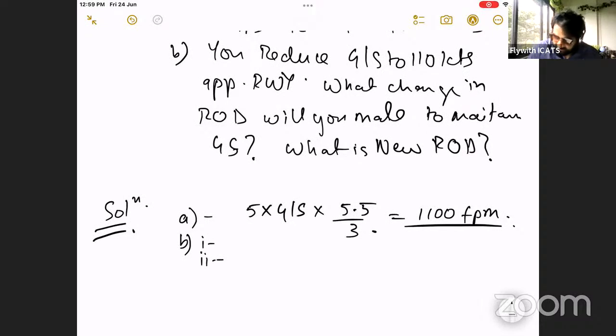Now my change in ROD is pi into change in ground speed. Change in ground speed is 10 knots into 5.5 upon 3. Pi into 10 into 5.5 divided by 3. I get 91.6.